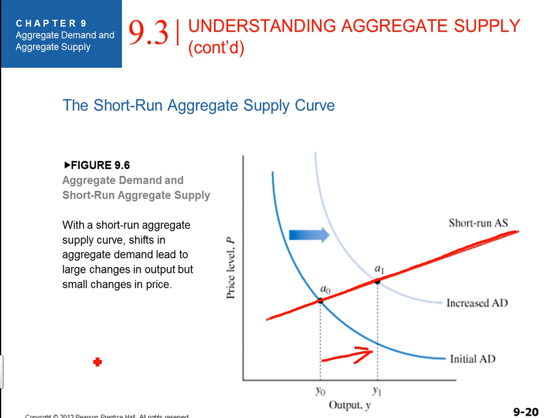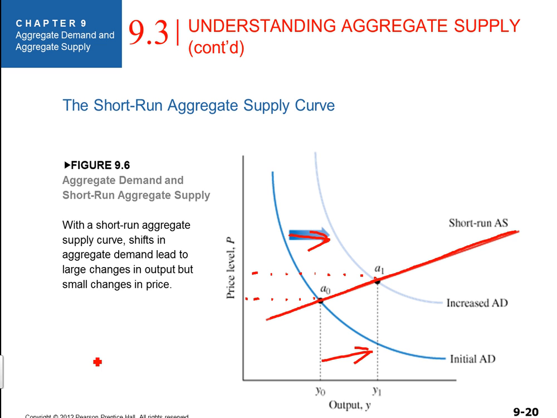So if, for example, we have a demand shift to the right, that's an increase in aggregate demand, maybe caused by a cut in taxes, an increase in government spending, or something else. Well, then that's going to shift the aggregate demand curve, and that's going to cause prices to go up a little.